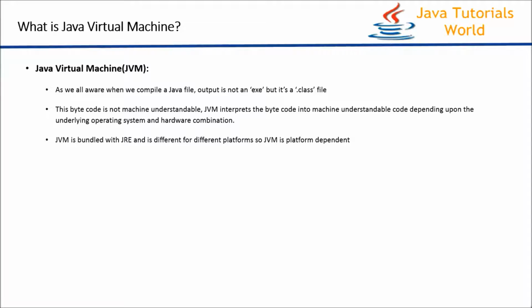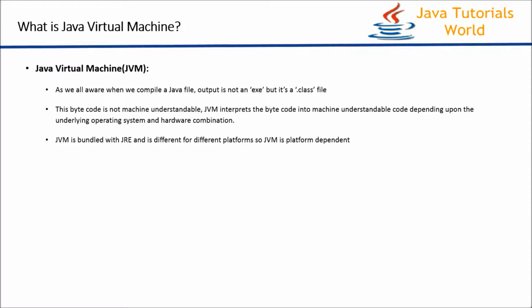So JVM interprets this bytecode into machine understandable language depending upon the underlying operating system and hardware combination. JVM is part of JRE and it isn't available separately. And this JVM is different for different platforms. So JVM is platform dependent.